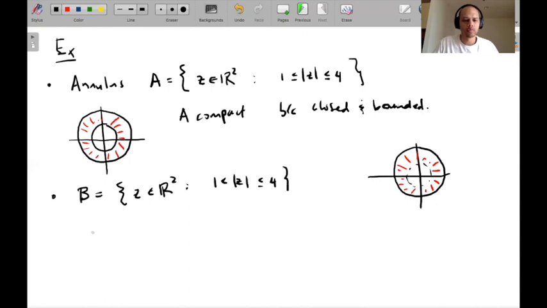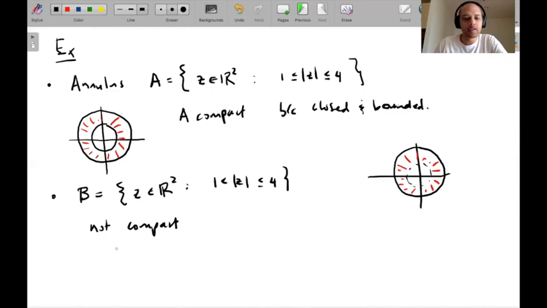One way to say that it's not compact is just because it's not closed. Points on the circle are limit points of B, but aren't in B.